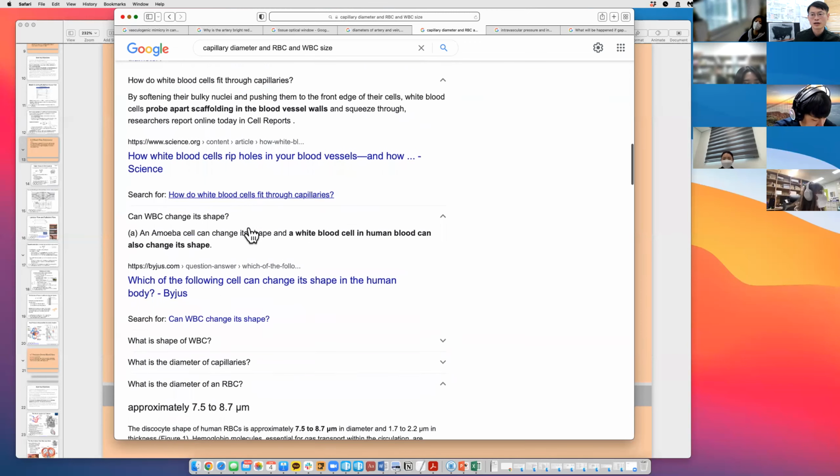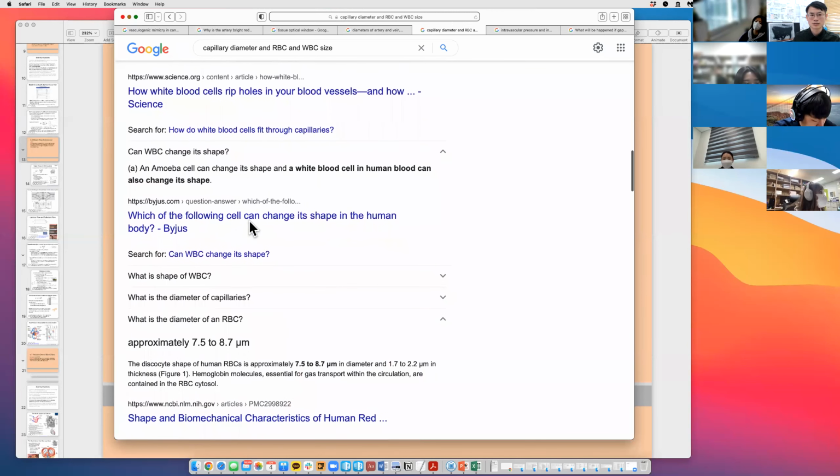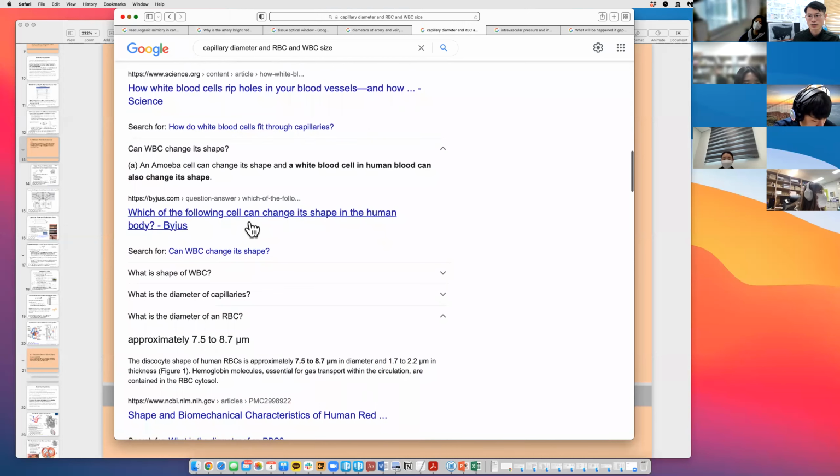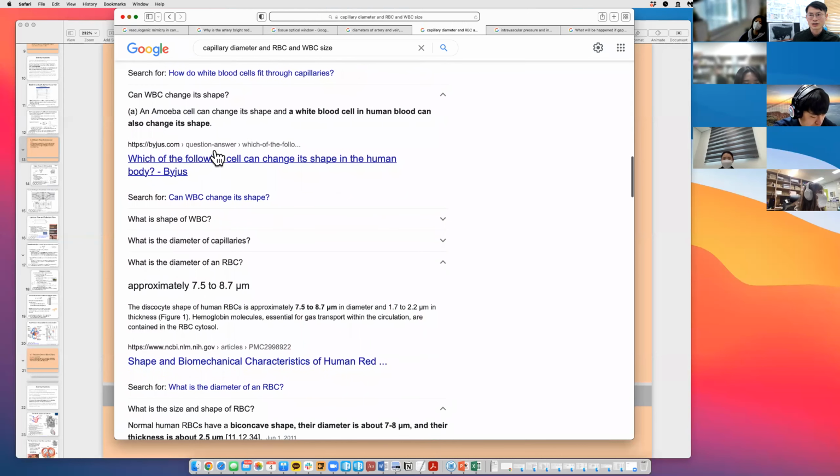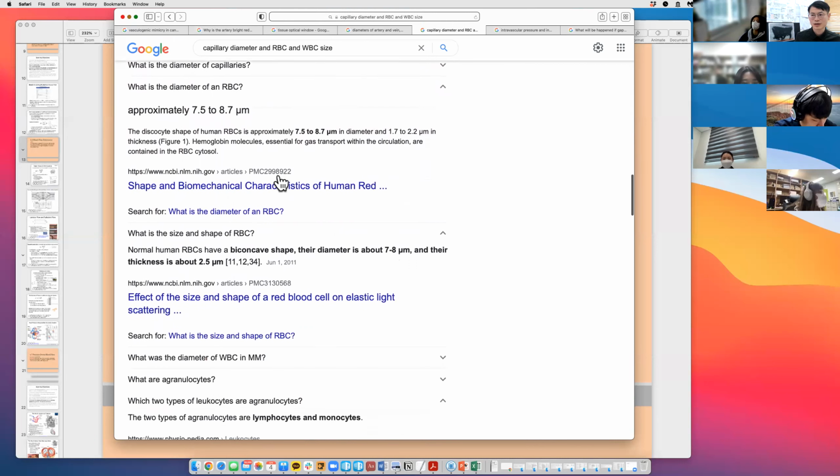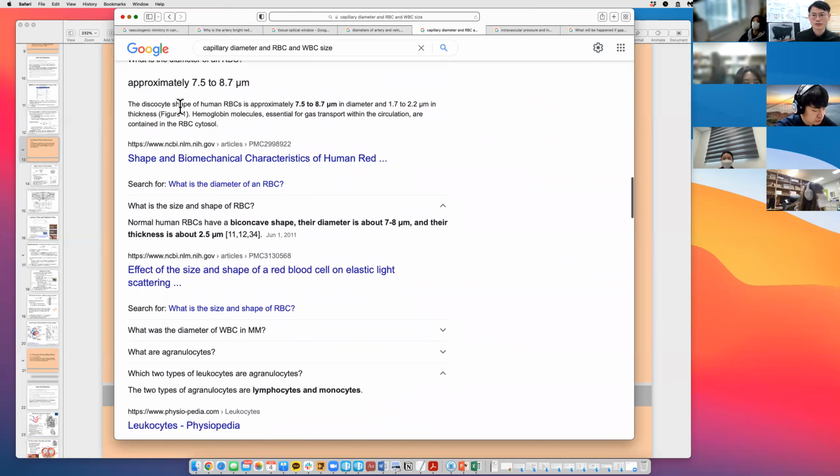So hopefully that makes sense for Youngmin and others as well. In fact, white blood cells can also change their shape, because otherwise they cannot squeeze through the capillary. And just to make sure of the RBC size, okay.